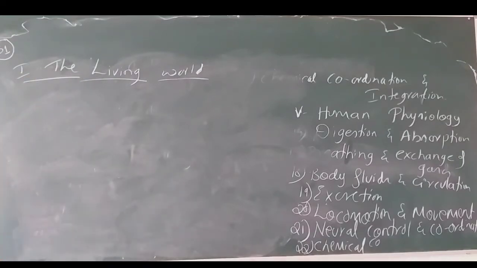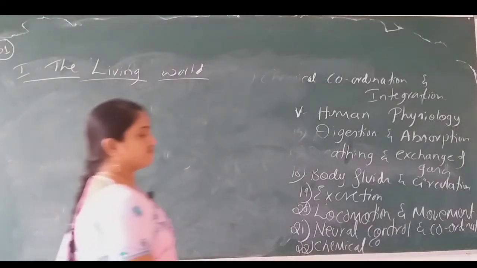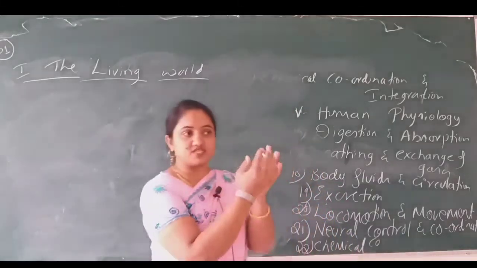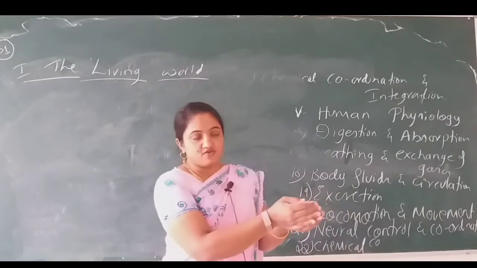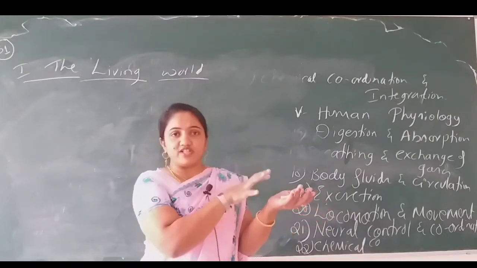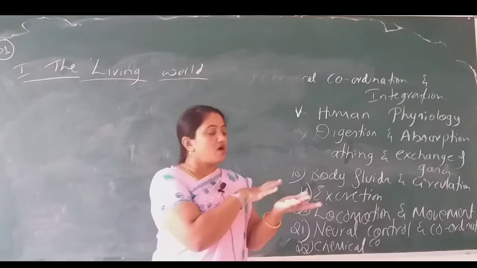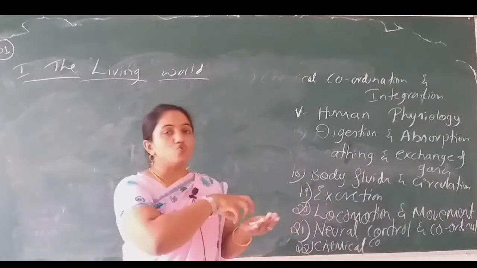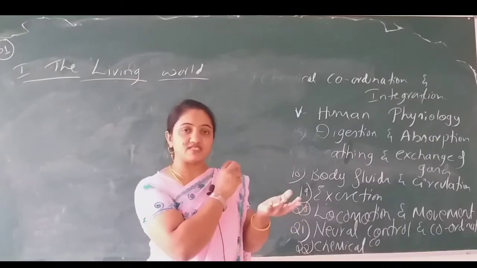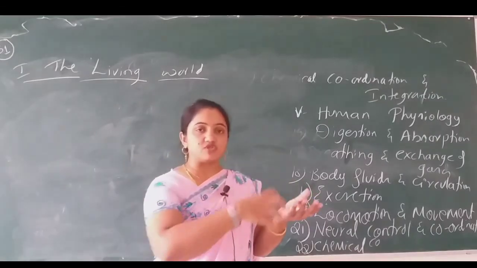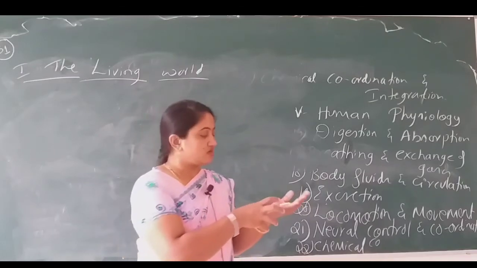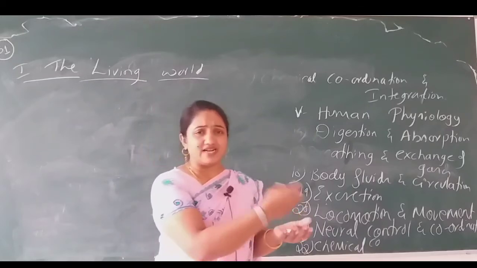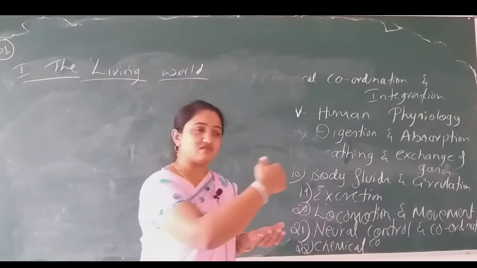Let me ask you, how will you define a living organism if a substance is present? Imagine one substance. I don't know whether it is living or non-living. How can you describe it? If it is moving, it means it is a living organism. If it is growing, not suddenly, not immediately, but slowly, it means it is a living organism.